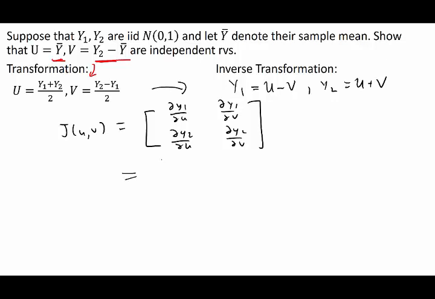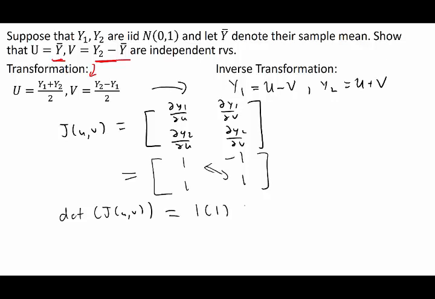In our case, this being a fairly simple linear transformation, the partial derivatives of y1 are 1 and negative 1, and the partial derivatives of y2 are both 1. So the determinant of this matrix is just going to be 1 times 1, that's the product of the diagonal terms, minus 1 times negative 1, which is the product of the off diagonals, and that simplifies to 2.